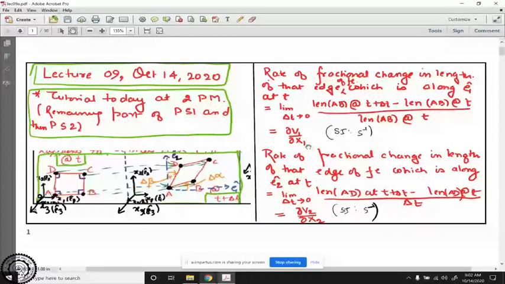For the edge which was along E1 at time t, you get del V1 del X1. Both indices are the same, and that index corresponds to the unit vector along which that edge was at time t. When you go to another edge which was originally along the 2 direction, you get del V2 del X2.